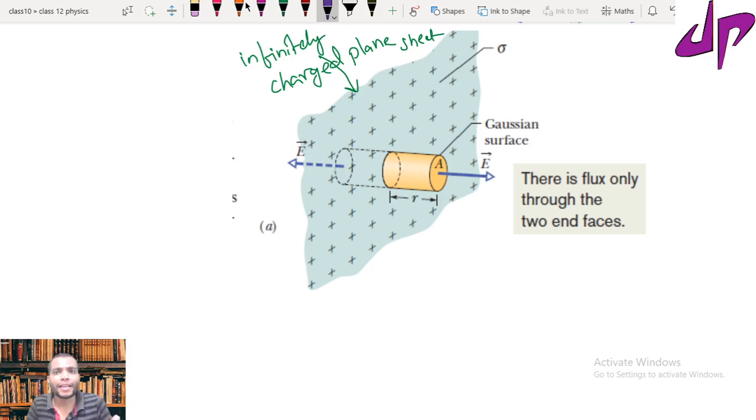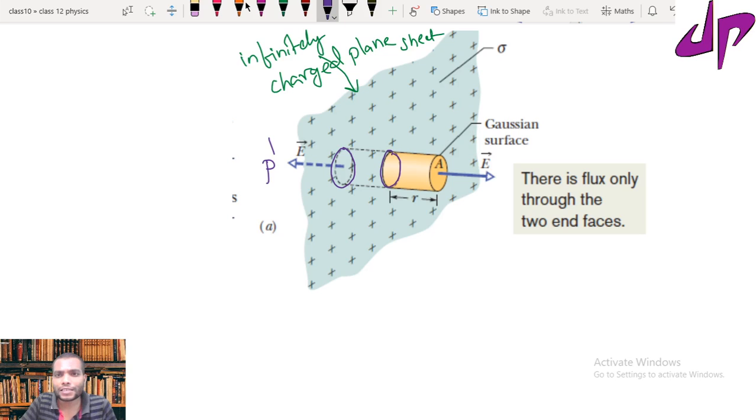Suppose you want to find the electric field on this side, let me mention it as P dash. You take this open surface, this is one face and this is the other face. Those are the two surfaces you have to take.